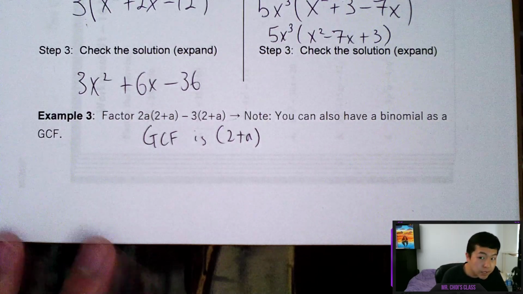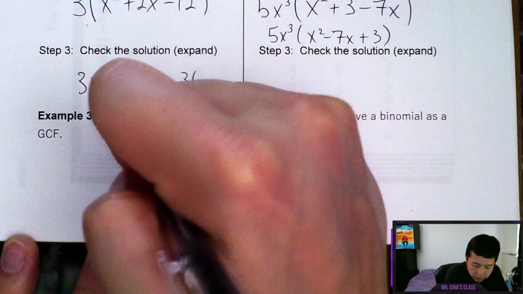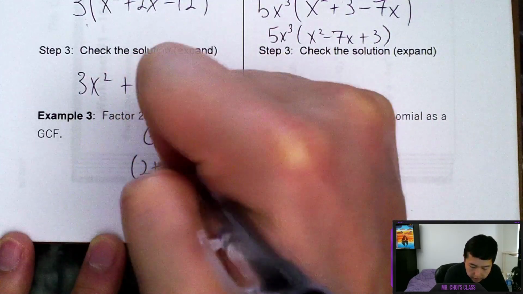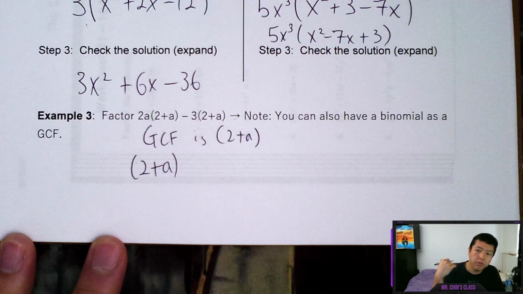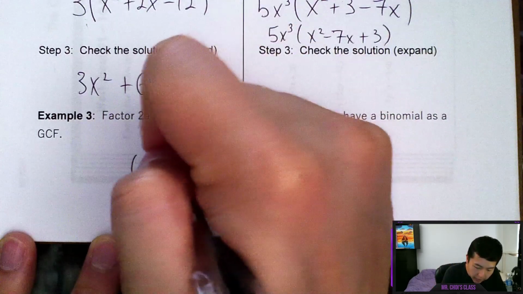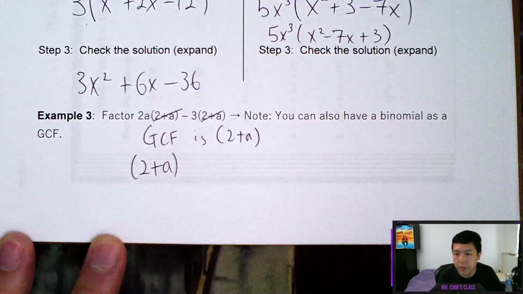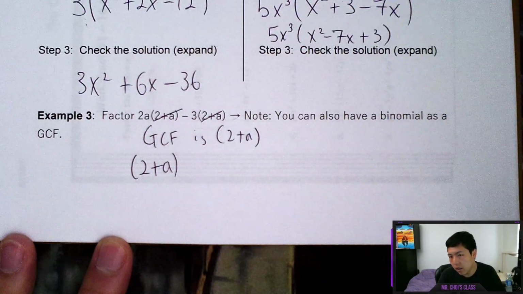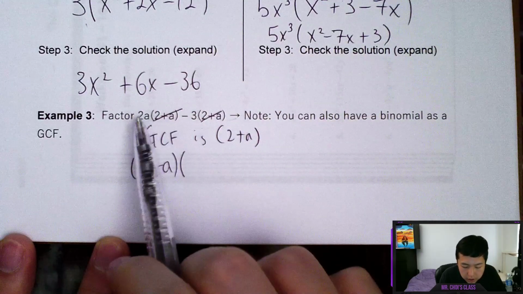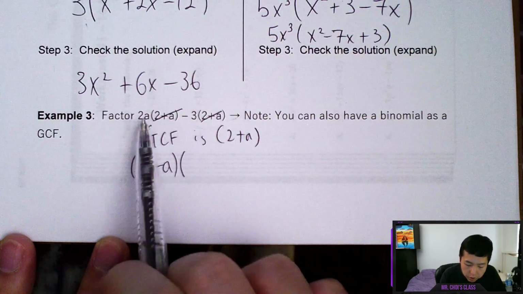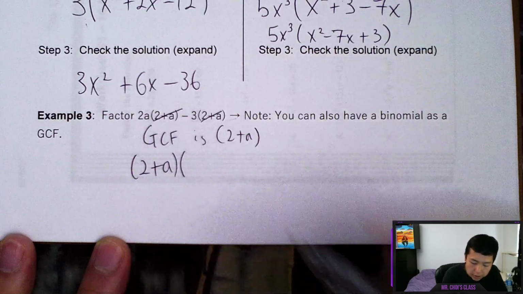So what happens here, this is a very unique case. I'm going to take the 2 plus a, I'm going to pull it out. And then that's going to cancel these 2 plus a's here. It's gone. So your second bracket is just going to be what's left over, which is 2a minus 3.